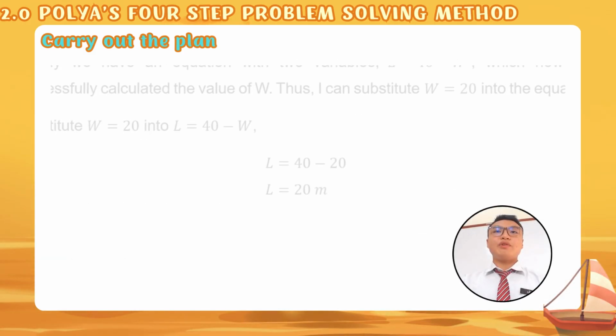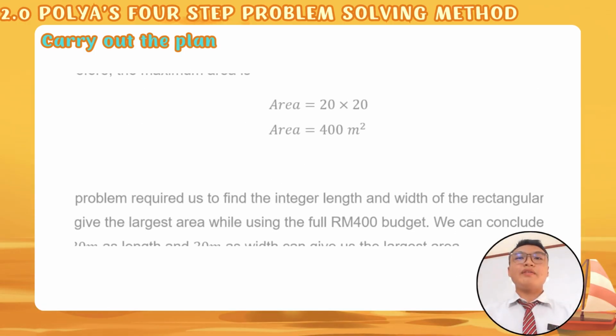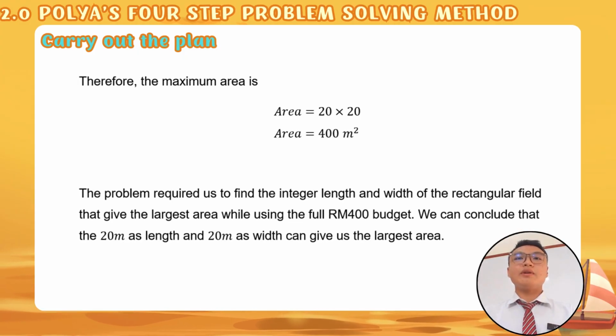Initially, we had an equation with two variables, L equal to 40 minus W, and now I've successfully calculated the value of W. Thus, I can substitute W equal to 20 into the equation. Substituting W equal to 20 into L equal to 40 minus W, we get L equal to 20 meters. Therefore, we can get the area by using the area formula: area equal to 20 times 20, which is L times W, so area equal to 400 meters squared.